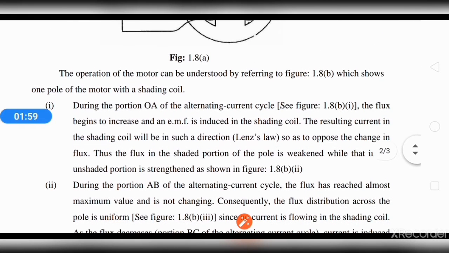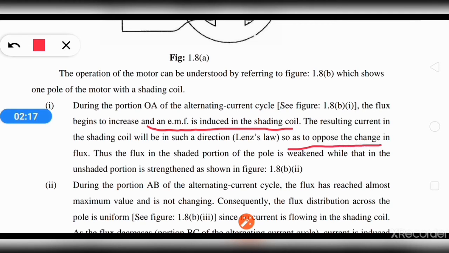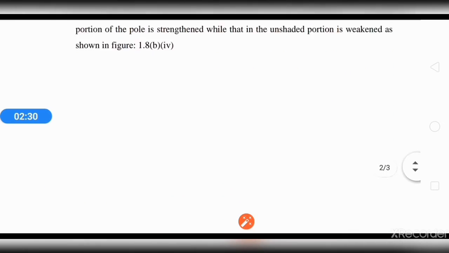Number 1. During the portion OA, in an alternating cycle, the flux begins to increase and an EMF is induced in the shading coil. The resulting current in the shading coil will be in such a direction that it opposes the change in the flux. Thus, the flux in the shaded pole is weakened, while that in the unshaded pole is strengthened, as shown in the figure.